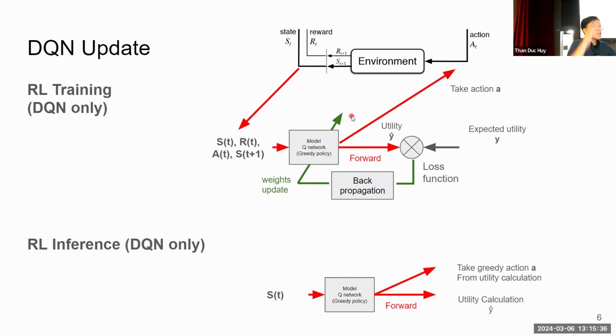So now there are two things that we need to learn in parallel. One is the weight of the model. The weight of the model is also random at the start. And because we have not experienced the world, the utility value of our model is also not the best one.